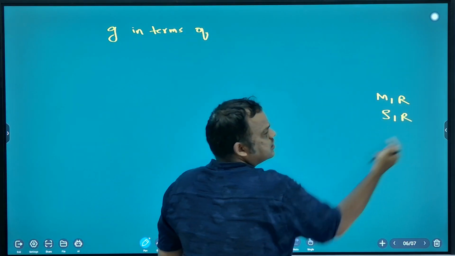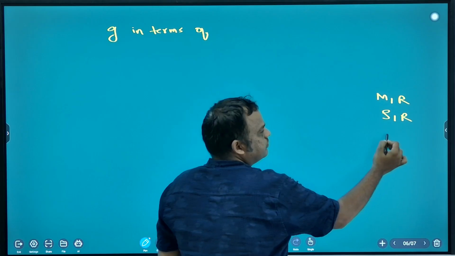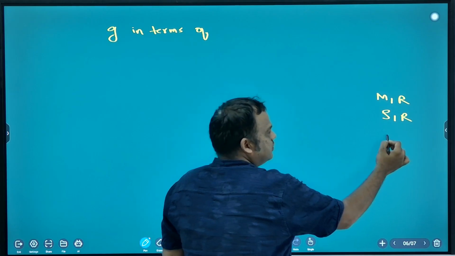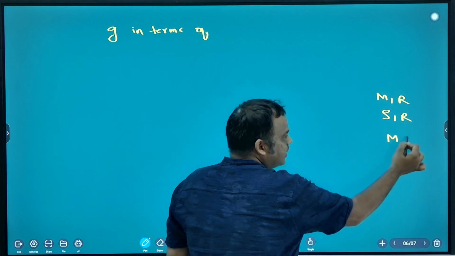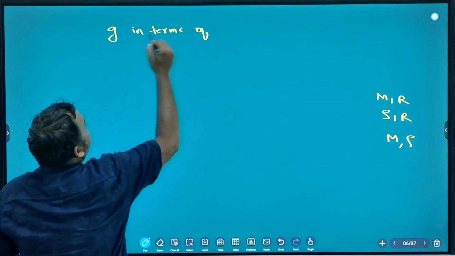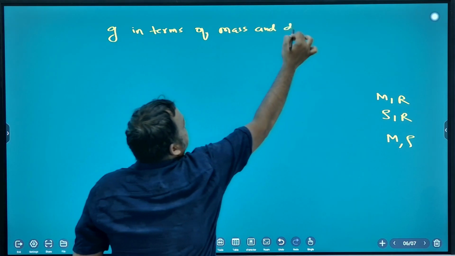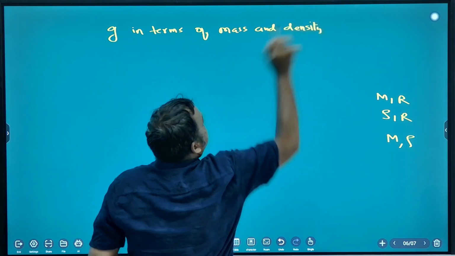What is next? Mass and density. Okay. The third formula, g in terms of mass and density.